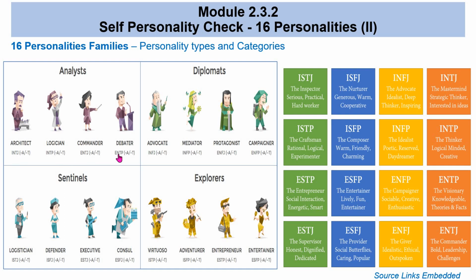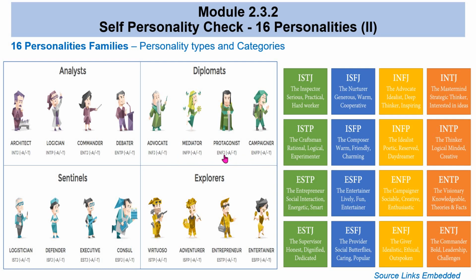So when it comes to the tactics, they are more thinkers than feelers. And diplomats, which is the other category, are more feelers. And in their tactics, they feel more than think, and the rest can be different for them.